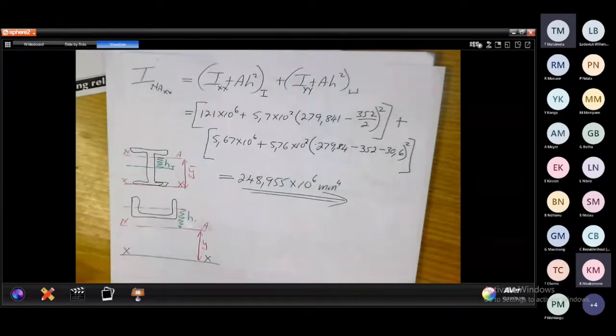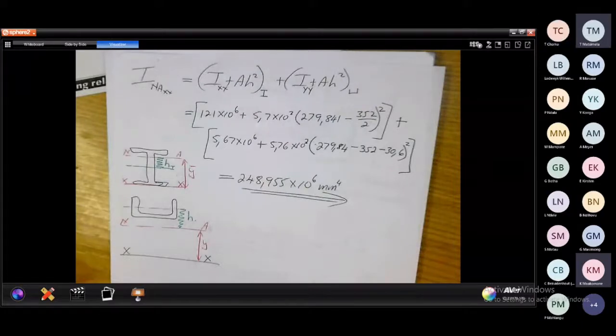On the 5.6 exponent, the area of the first area on the equation, is it times 10 to the exponent 2 or 3? Because I can't see very well.